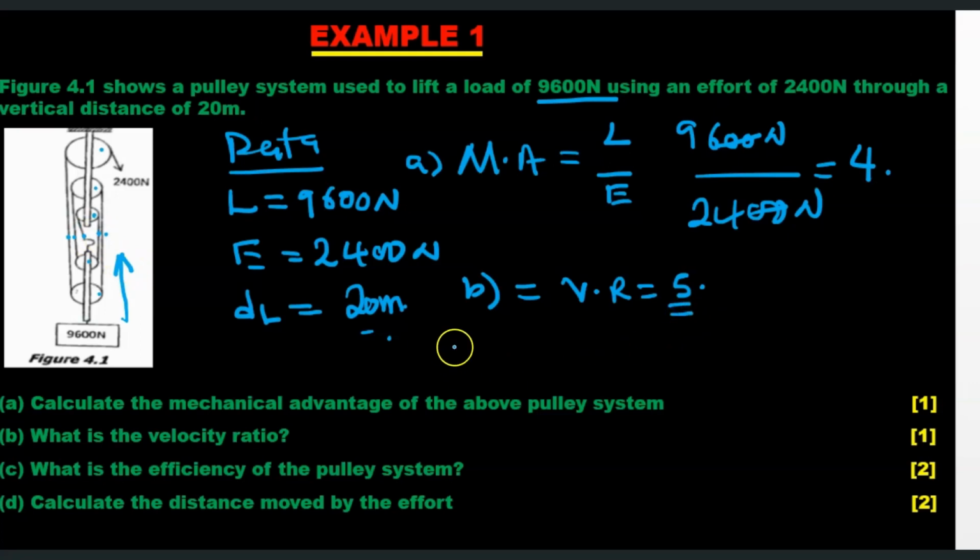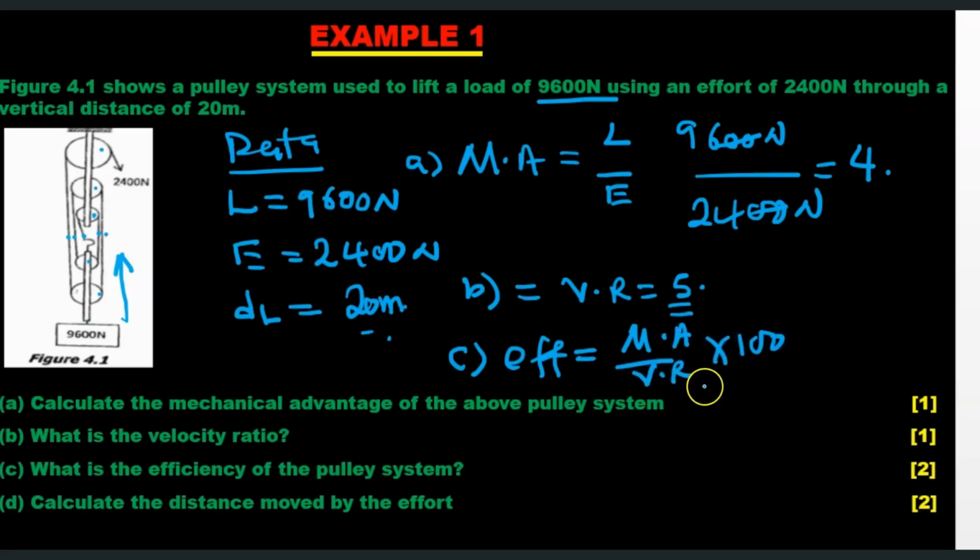Now, the next question is C. What is the efficiency of the pulley system? We said you can either use work done by load divided by work done by effort, multiplied by 100%, or you can use mechanical advantage divided by velocity ratio, multiplied by 100.